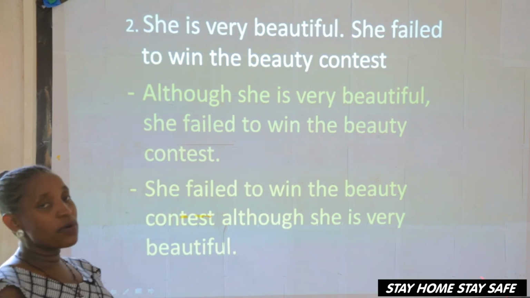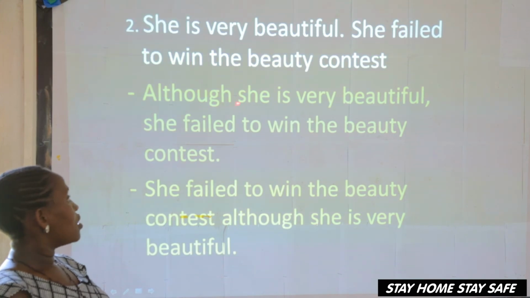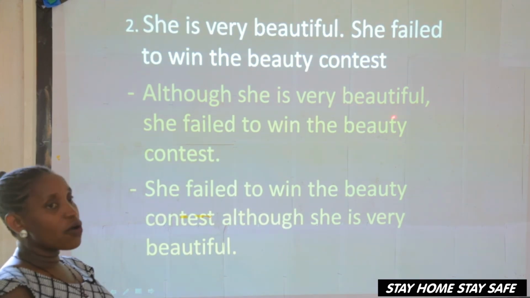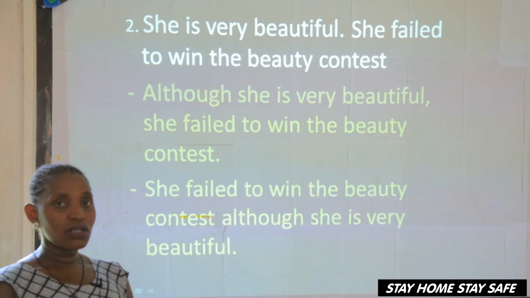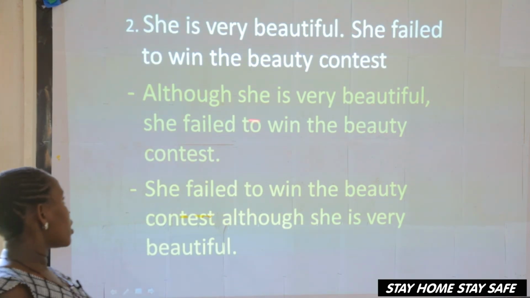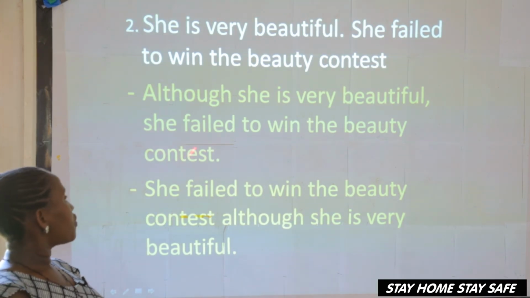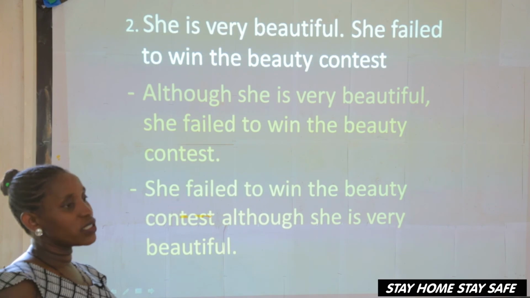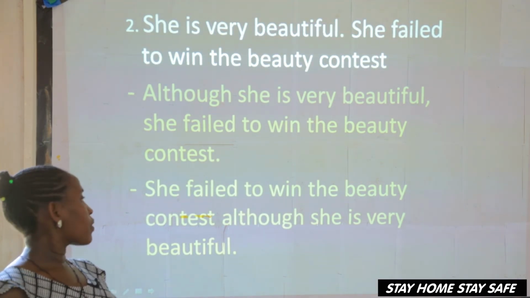So we said when we are putting although at the beginning of the sentence, we follow it with a condition and then a comma is put to separate the two sentences. So we are going to say, although she is very beautiful, she failed to win the beauty contest. So she came back empty-handed.